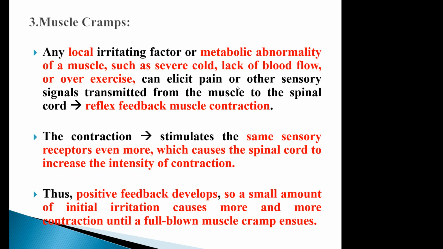The contraction stimulates the same sensory receptors even more, which causes the spinal cord to increase the intensity of contraction. Thus, a positive feedback develops, so a small amount of initial irritation causes more and more contraction until a full-blown muscle cramp ensues.